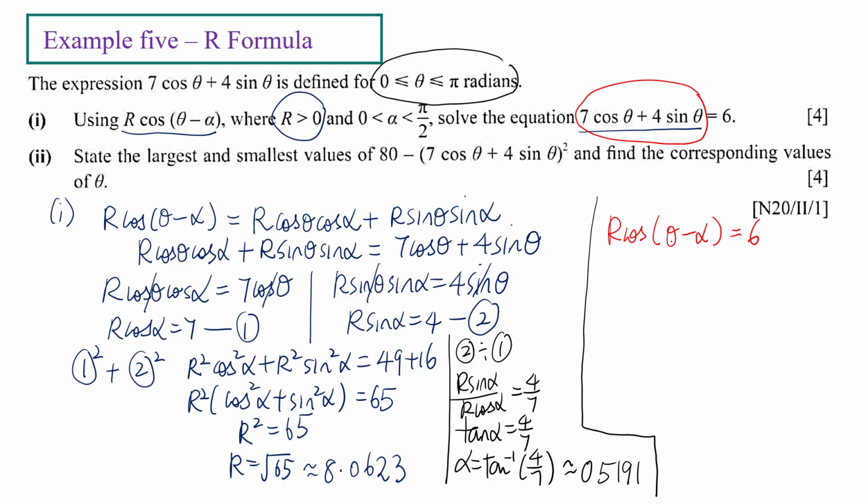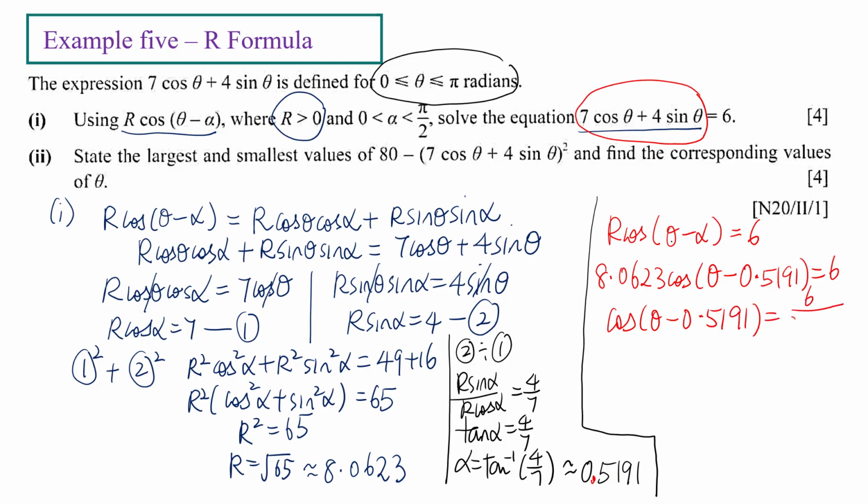So I put in my values for the r, which is 8.0623. Cosine theta minus 0.5191 equals to 6. So cosine bracket theta minus 0.5191 will be 6 divided by, I should leave it as square root 65.